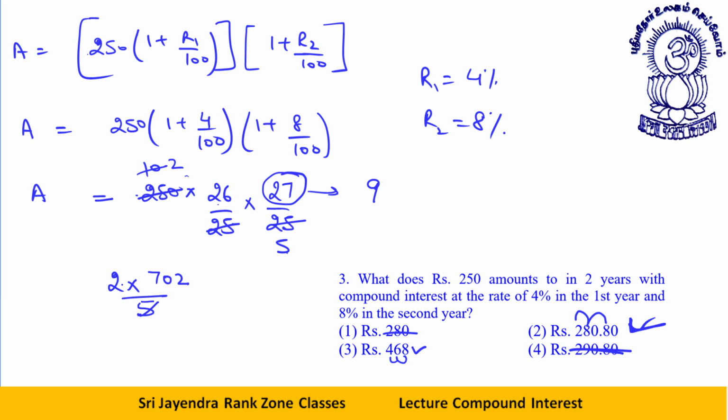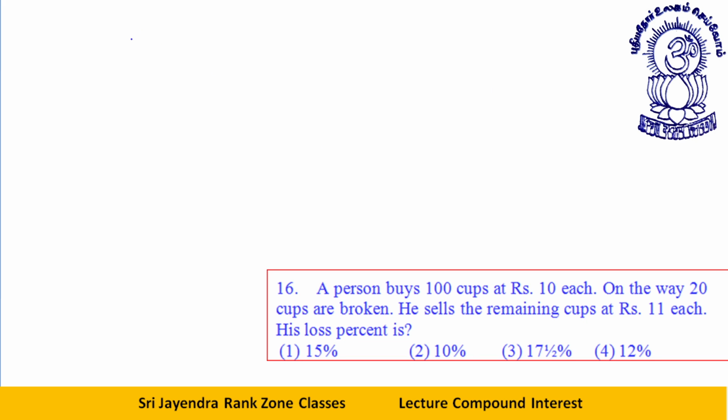Okay. 2 divided by 5 is 0.4. 0.4 into 702, that will give you 280.8 very easily. Okay. This is your answer. Let's take one more of this type.